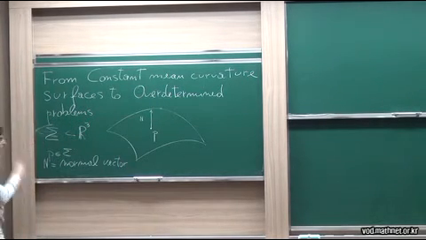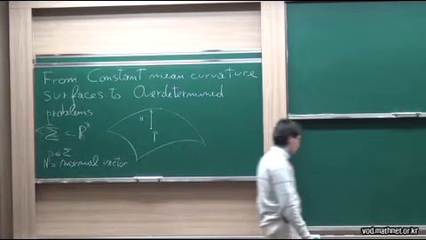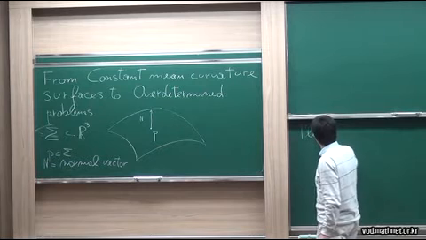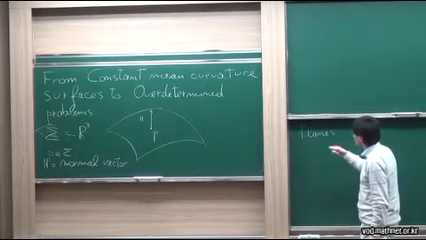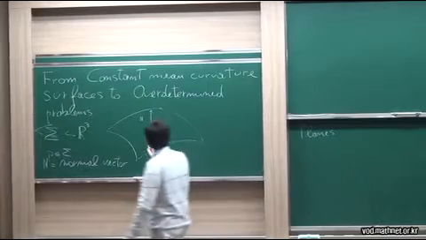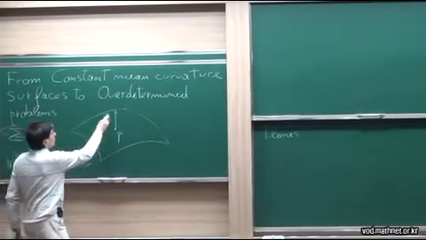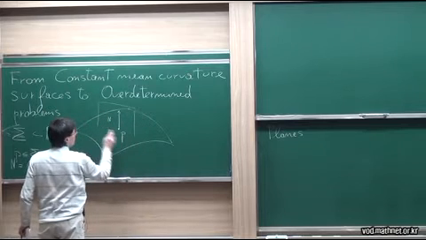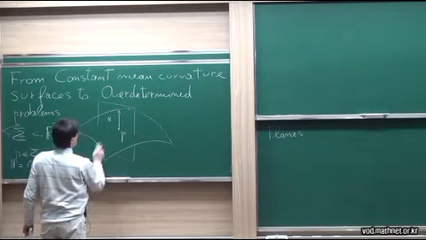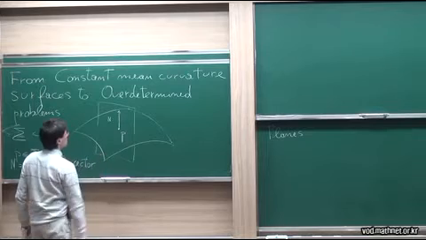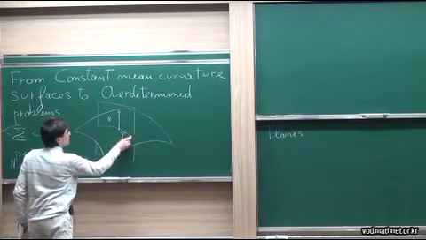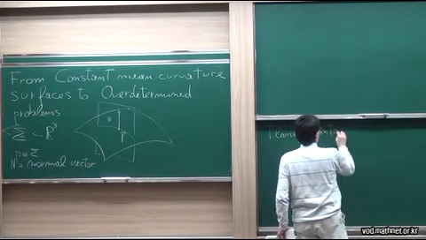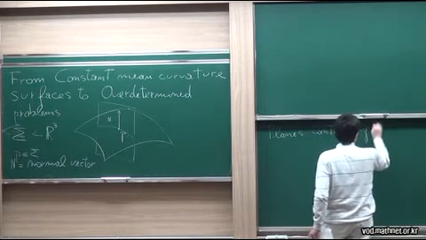We consider a family of planes passing through P and containing the vector n. I will sketch one of these planes here, like this. So, planes containing n.